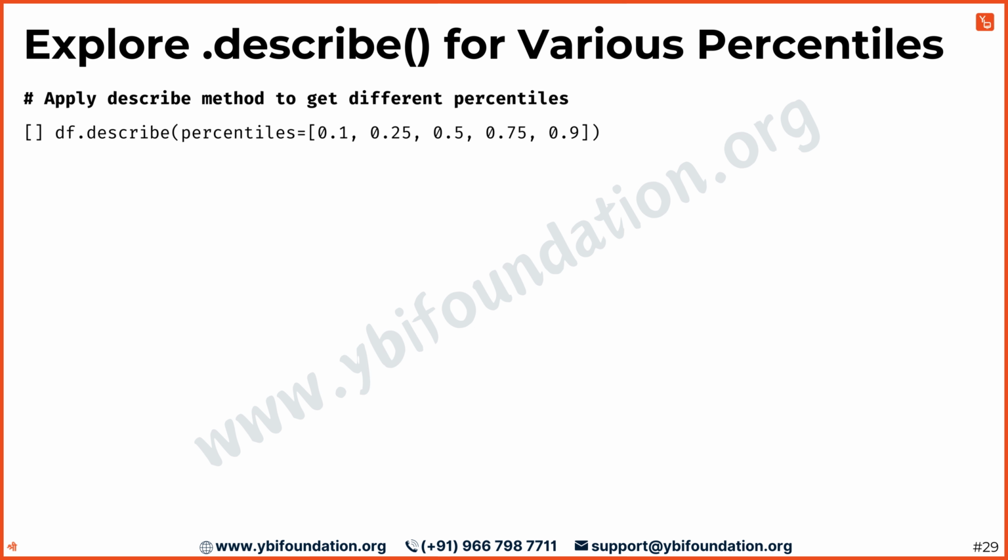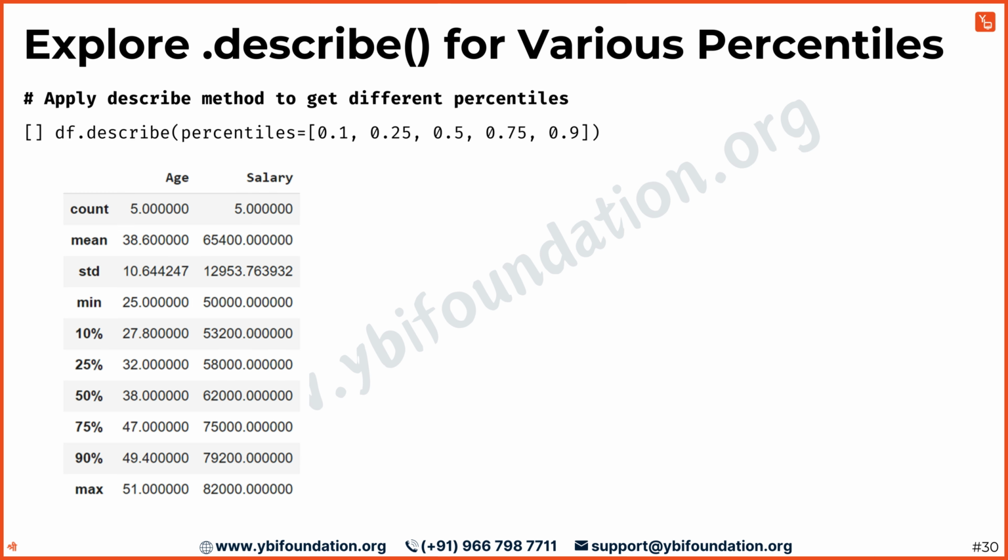For instance, if you want to calculate the 10th, 25th, 50th, 75th and 90th percentiles, you would write df.describe percentiles equal to 0.1, 0.25, 0.5, 0.75, 0.9. This will help us see a broader view of how the data is distributed, especially in the lower and upper ranges.